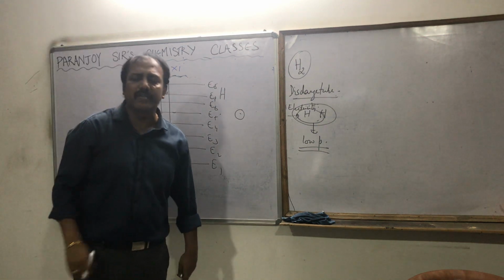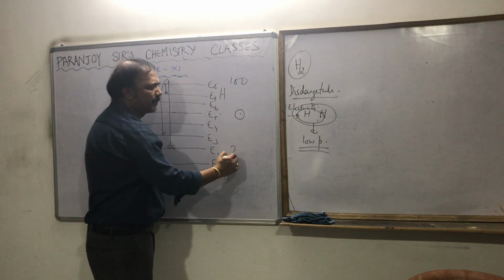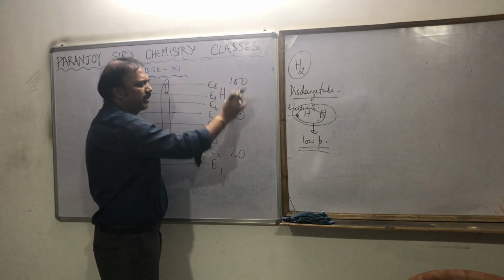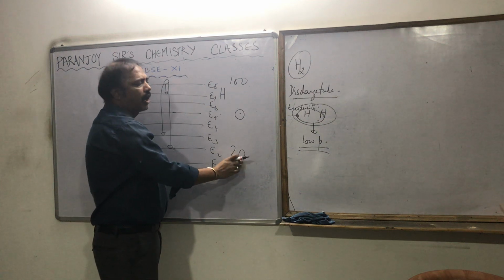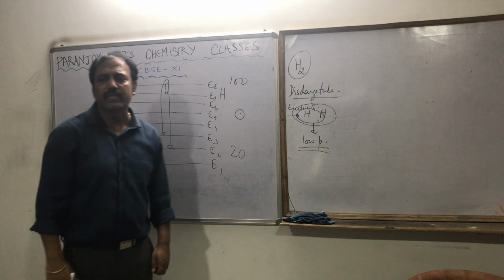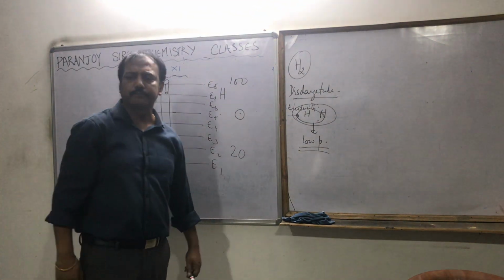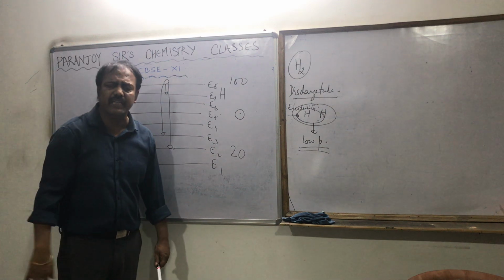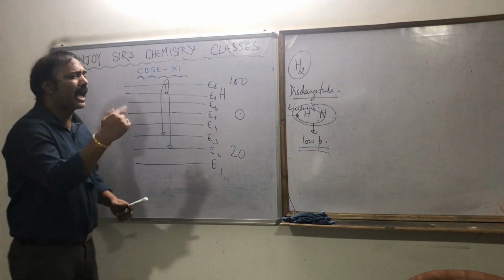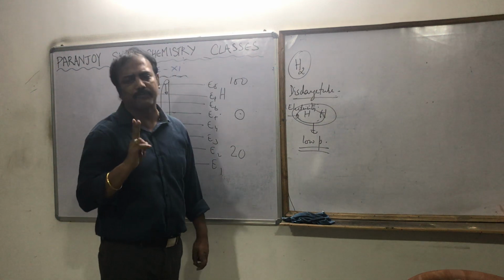Energy is decreased means what? Suppose the energy here was 100 and it is becoming 20. How much energy is decreased? 80 energy is decreased. Where is this 80 energy going? This amount of 80 energy is just emitted. And the lines obtained in the emission spectrum, I told you two types of spectrum.